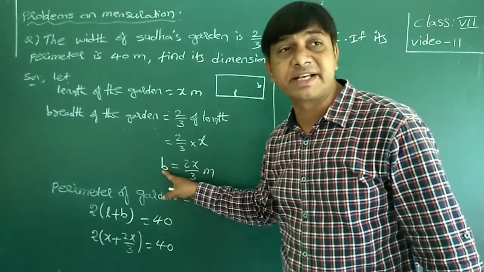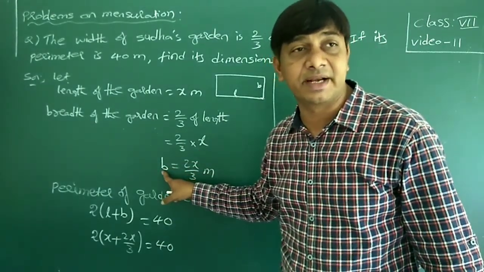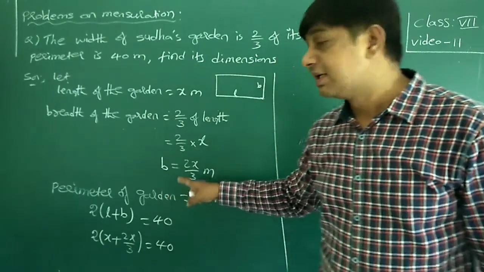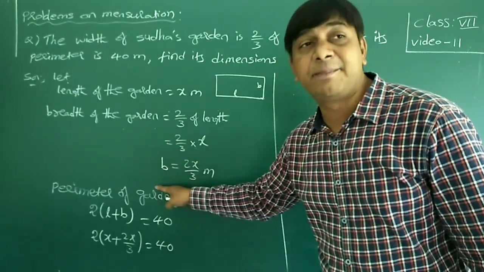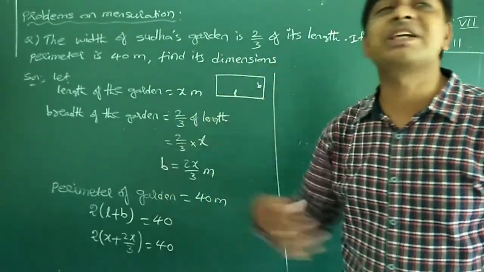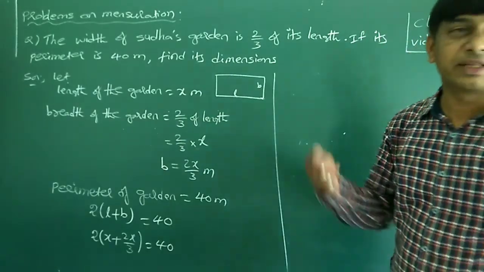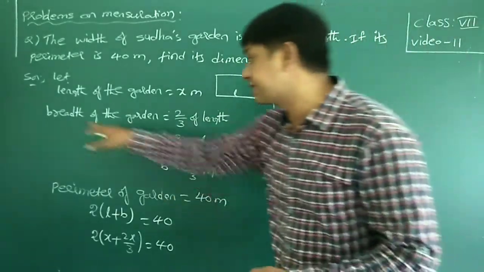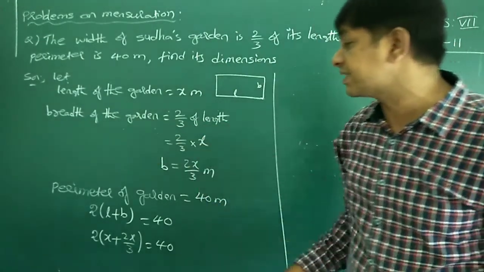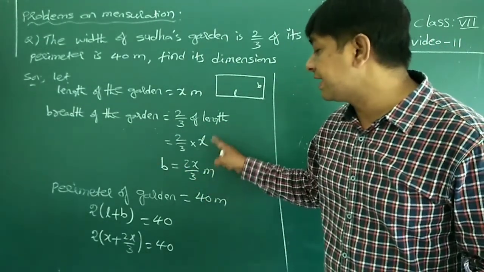This is breadth. First I wrote L. Please correct it, I regret that. This is not L, because generally in most problems length is dependent on the breadth. In that way I wrote L. But here it is given that the breadth of the garden is 2/3 of the length, which is 2x by 3.